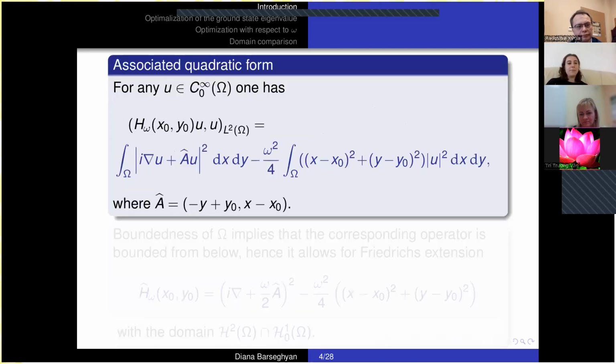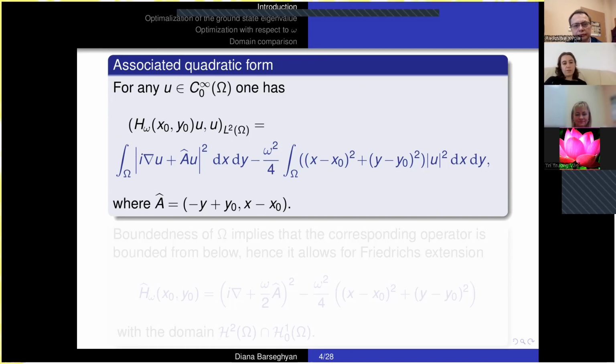Next slide, please. First of all, we will speak about the self-adjointness of the operator H omega. After that, we are able to speak about the spectral properties of this operator, and how to construct its self-adjoint extension. First, we will look at the functions from C0 infinity of omega.